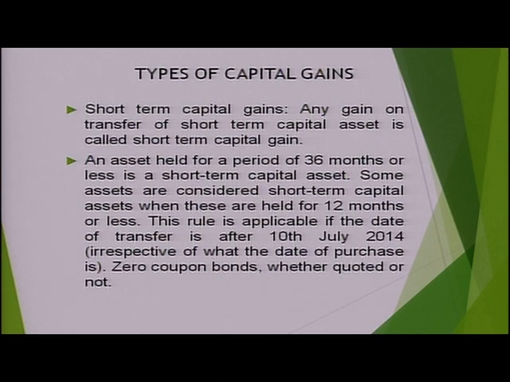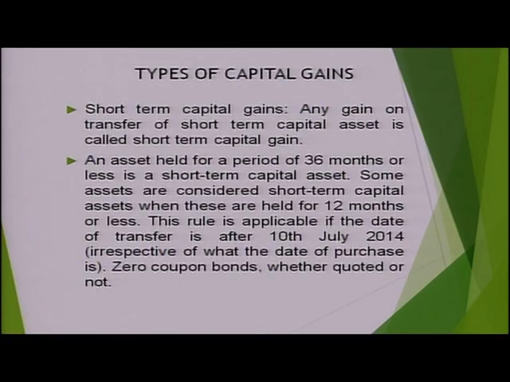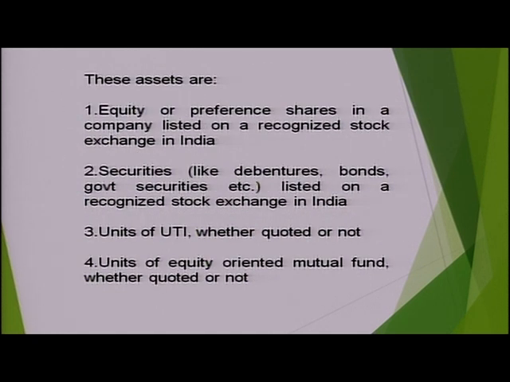Some assets are considered short term capital assets when these are held for 12 months or less. This rule is applicable if the date of transfer is after 10th of July 2014, irrespective of the date of purchase, that is zero coupon bonds, whether quoted or not.